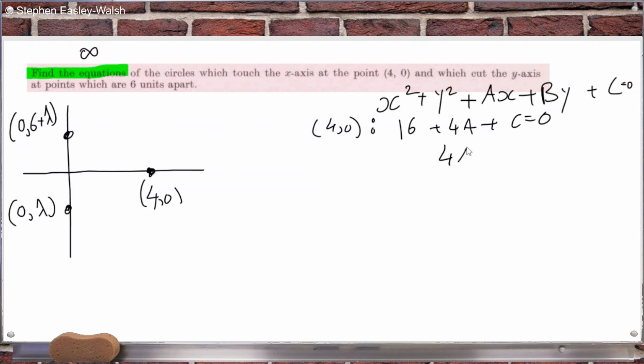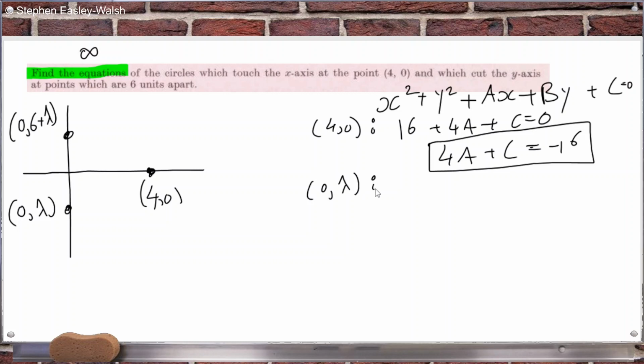So you'll get 4a plus c equals minus 16. That's our first equation. Then if you sub in (0, lambda), you'll get 0 plus lambda squared plus 0 plus lambda b plus c equals 0, or in other words, lambda b plus c equals minus lambda squared.